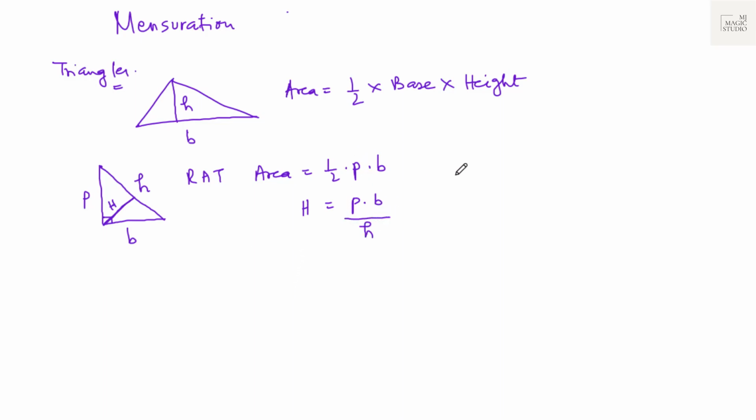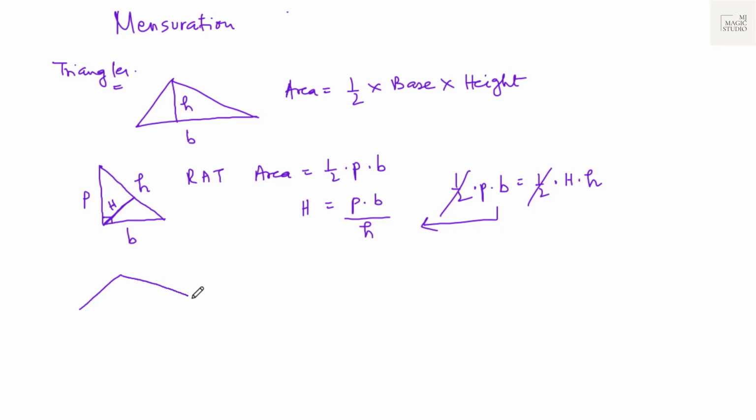We can see that the area of a right angle triangle is half into P into B, which is also equal to half into base into height. Base is H and the height of this triangle is capital H. So on calculating, this is what we get. Height on the hypotenuse for a right angle triangle is simply P into B divided by H.